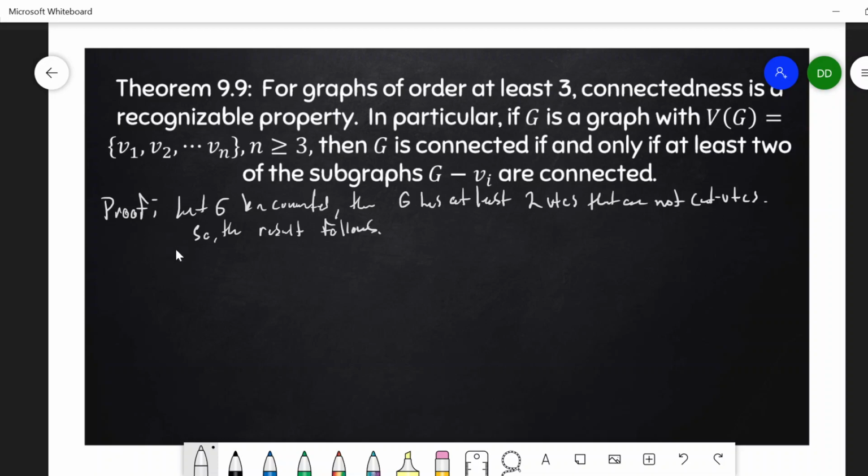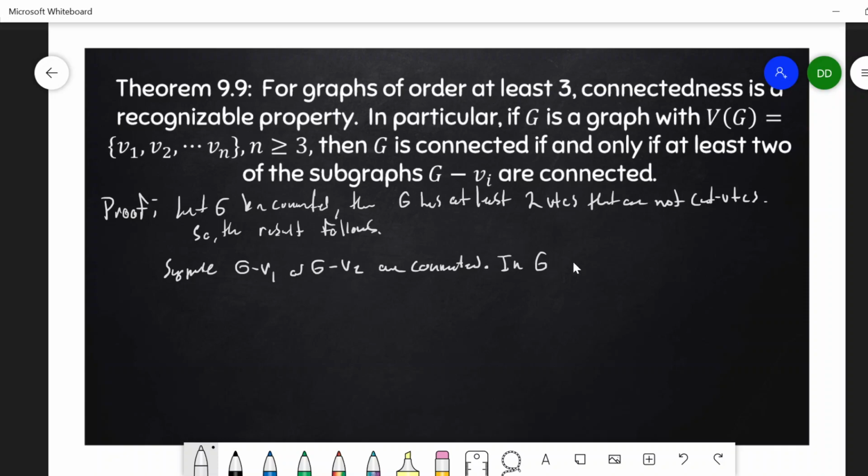All right, so now suppose G minus V1 and G minus V2 are connected, and I claim that G is connected. Well, then we can look at V2 in G minus V1.